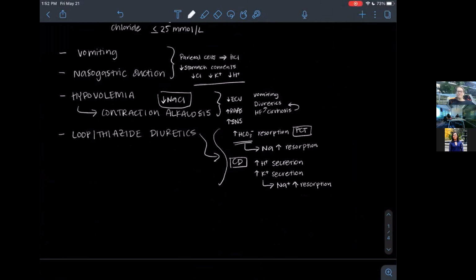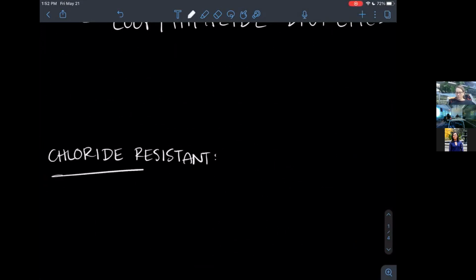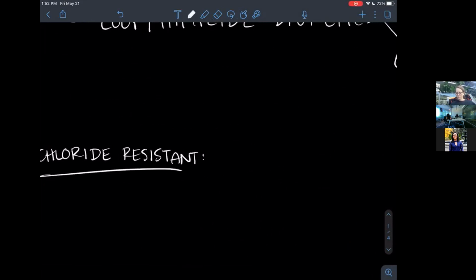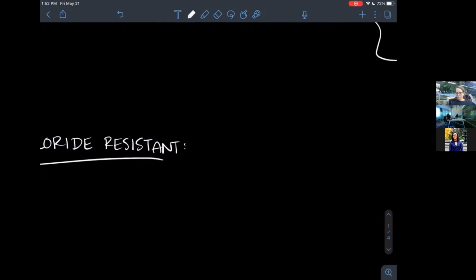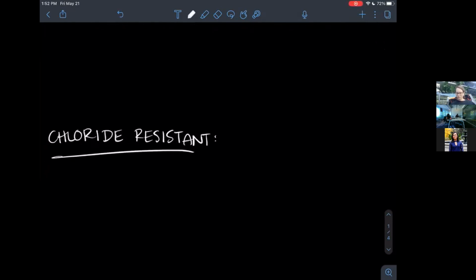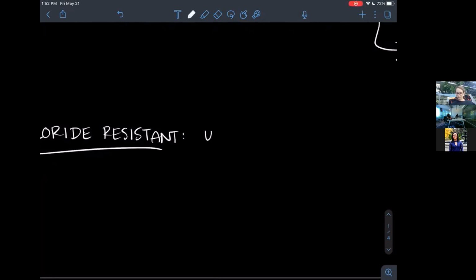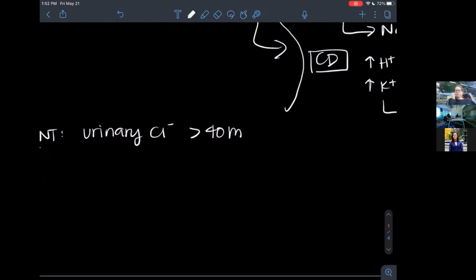There are also chloride resistant ones, but we're not really going to focus on those. Boards covers this really well, so I'd rather get to question solving. Ideally, what happens with chloride resistant is that your urinary chloride is greater than 40.